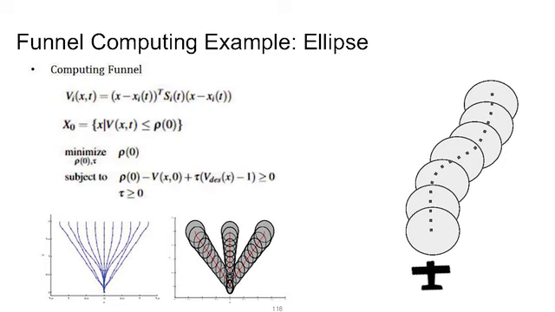You're going to go anywhere within that. But as long as you know you're still in that ellipsoid, then you're going to stay within those ellipsoids as you go down your path. Does that make sense?